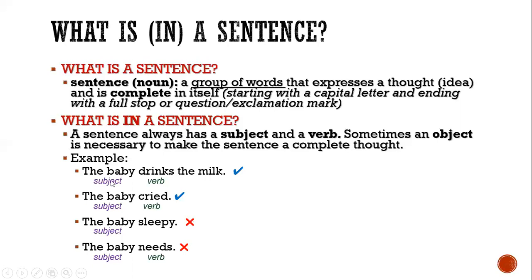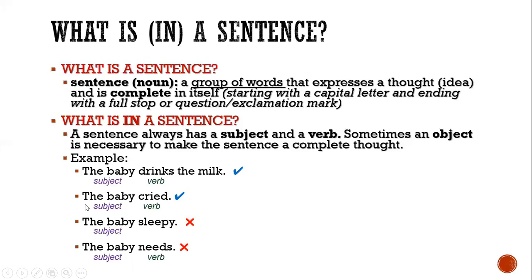Why? The first one has a subject and a verb. The baby drinks the milk. The baby is the subject, drinks is the verb, and the milk is the object. I didn't write this down, but the milk is the object. So this is a correct sentence, because it has a subject and a verb.